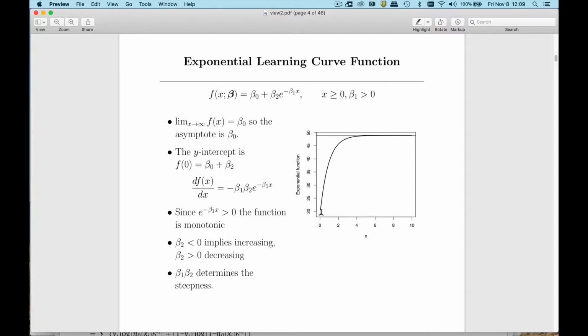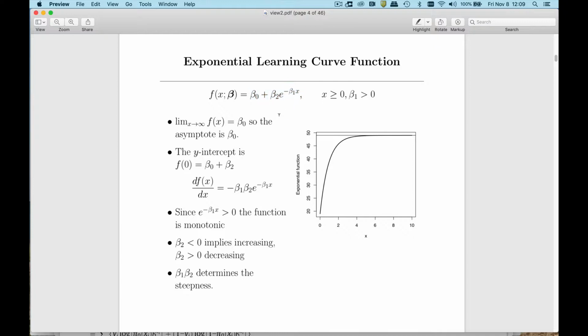What happens when you learn something is often you make initial very rapid progress, where your typing speed increases from very low to good pretty quickly, but at some point it flattens out, because you can't type infinitely fast. It's going to approach some sort of an asymptote. So this learning curve function captures this notion where it increases quickly and then approaches an asymptote. So here's the exact function.